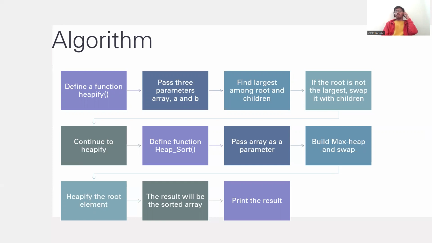Continue to heapify. Define the function heap sort, passing the array as a parameter. Build a max heap and swap. Heapify the root element. The result will be the sorted array. Print the result.